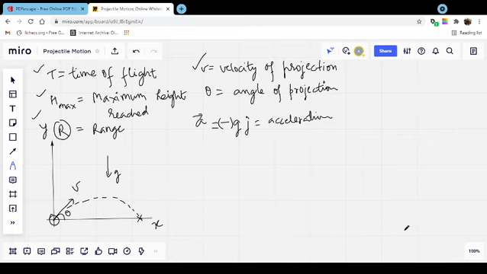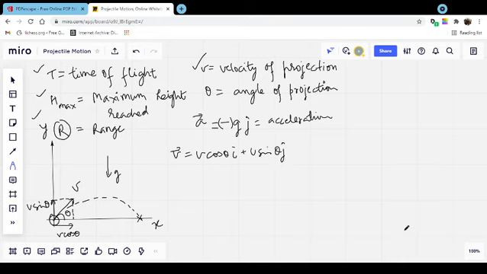So the velocity of the particle along x-axis can be taken by simply taking a projection of our velocity. So this velocity is v cos theta, because we know that the component of a vector with the angle theta is v cos theta, and the component of this velocity vector perpendicular, or along y-axis, is v sin theta. And this is how we actually write the initial velocity of the body: v cos theta i cap plus v sin theta j cap.